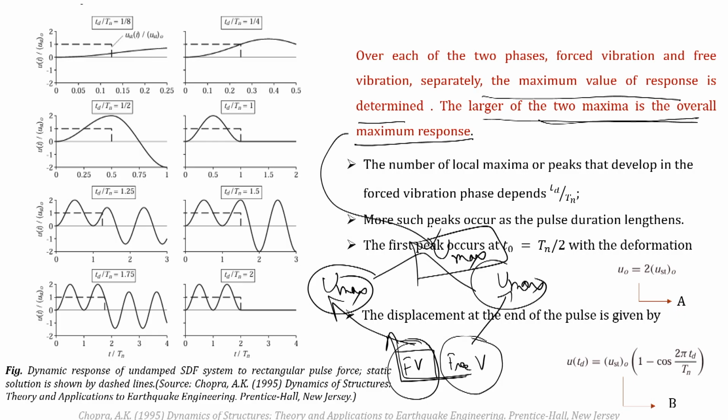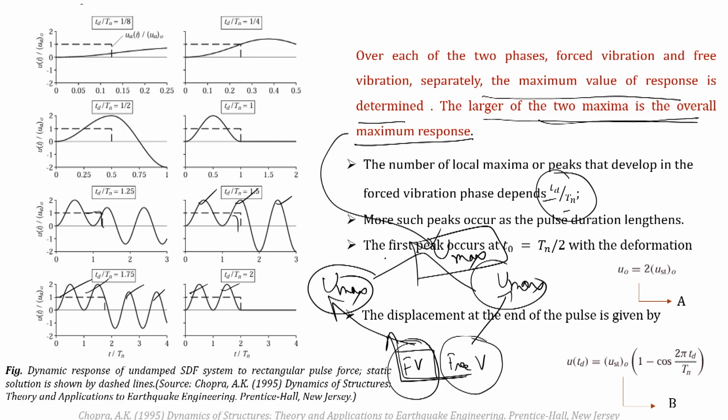The number of local maxima or peaks that develop in the forced vibration phase depends upon the ratio of Td over Tn. So how many maxima occur will depend upon the ratio of Td over Tn. More such peaks occur as the pulse duration lengthens. As the duration of the pulse increases, we observe more maxima.